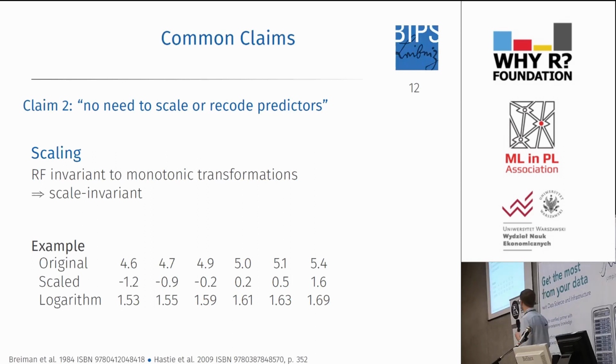To give an example, imagine you have this data in original form, and by using splits in random forest or in trees, you can only separate between the values. Now if you scale that, it doesn't make a difference. You still have the splits between the values. And even if you do a log transform or something like that, it won't change. So for scaling, that's true.